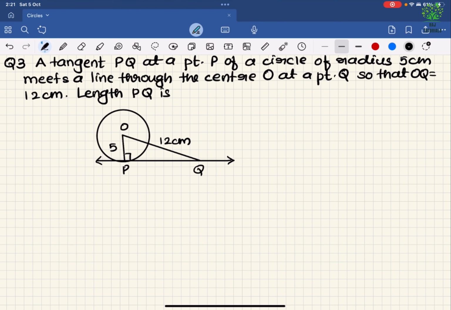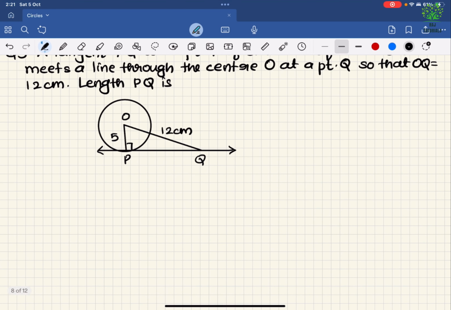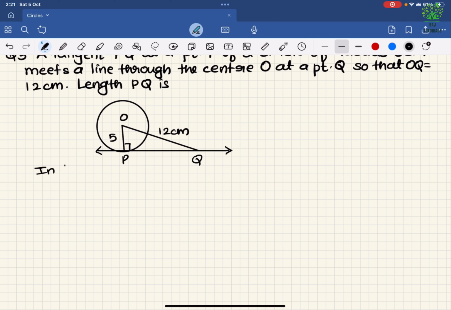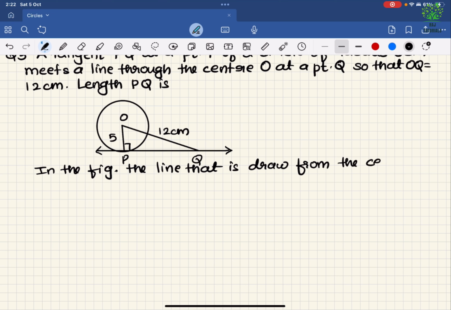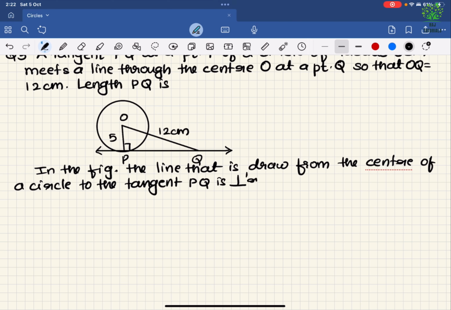Now I can say in the figure the line that is drawn from the center of a circle to the tangent PQ is perpendicular to PQ.